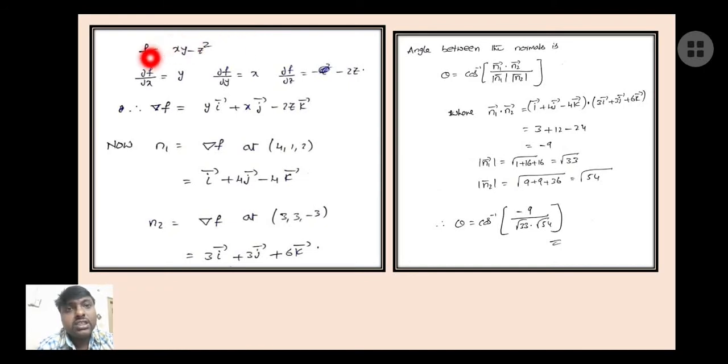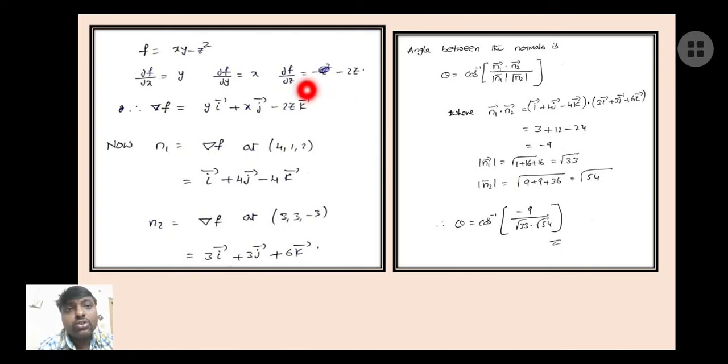I am replacing these three partial derivatives in the gradient. So del f is equal to y into i bar plus x into j bar minus 2z into k bar. This is the generalized normal vector point function to the given surface. They give two different points.